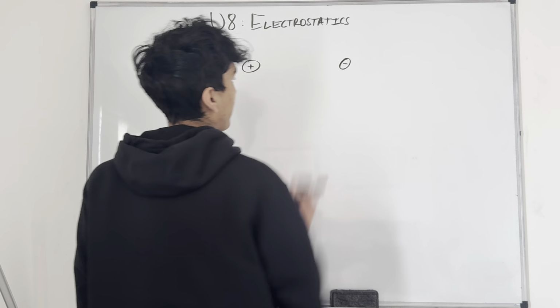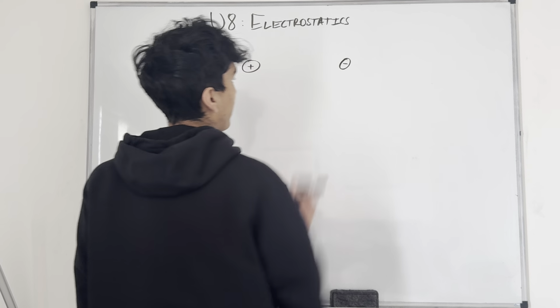Now this constant K is called Coulomb's constant. It's equal to 9 times 10 to the 9th, and then whatever units. I think the units would be Newton meters squared over Coulomb squared, so that everything cancels out to newtons.